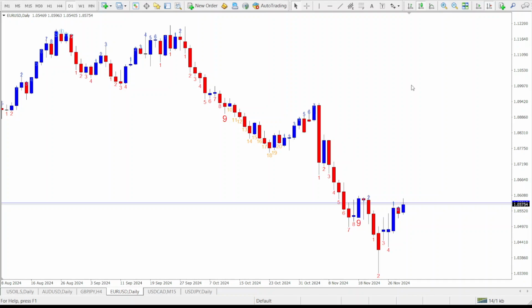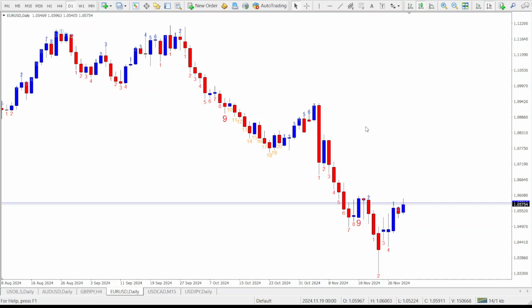In order to understand this indicator, we need to know that the TD Sequential applies a systematic approach by counting bars based on their highs and lows, helping traders uncover hidden market biases. What used to be a manual and challenging process can now be easily executed with this advanced indicator.